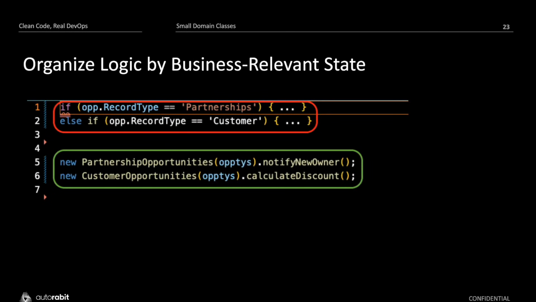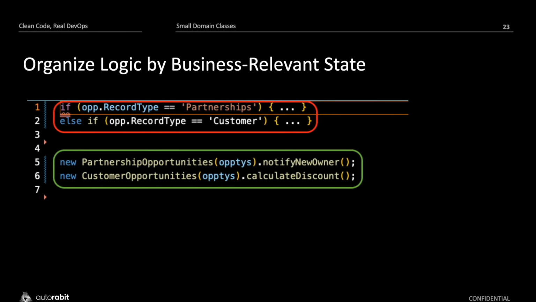Well, I'm sure most of you have record types. And so if you use record types, a lot of your Apex code is going to be checking for that record type, right? So if you see the red square here, this is incredibly common to see in Apex. If the record type is this, then do that. If it's that, then do something else. And so if you have a lot of these if conditions in your code, then why not model that as a small domain, right?